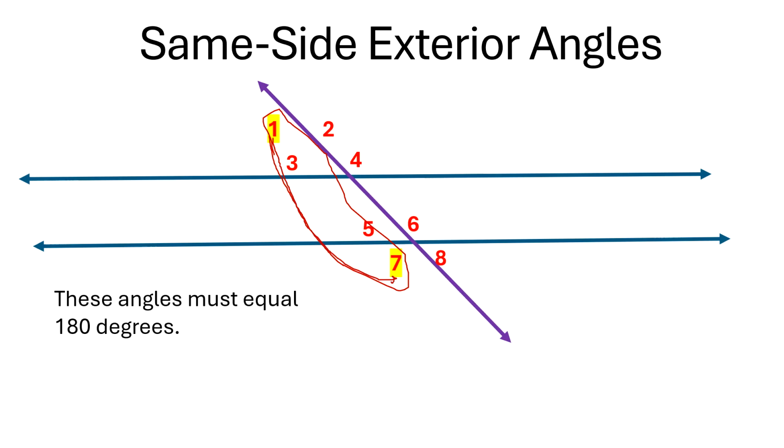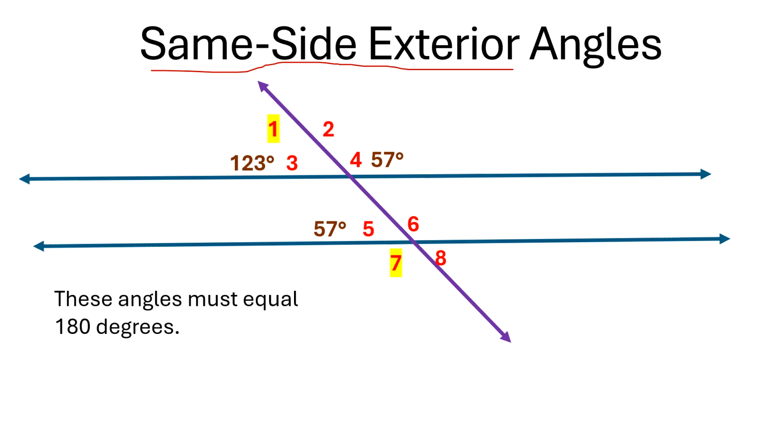And again, these angles have to equal 180. So let's look at what this word same side means. This is same side exterior. So this angle and this angle have to equal. This is written as the measure of angle 1 plus the measure of angle 7 have to equal 180 degrees.